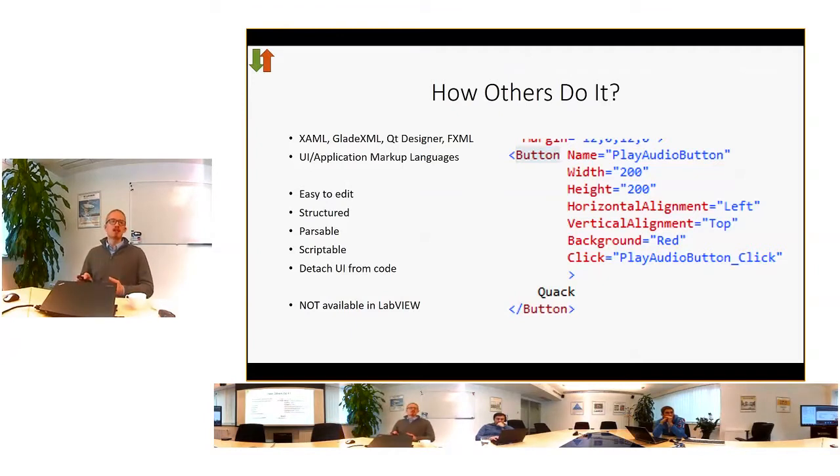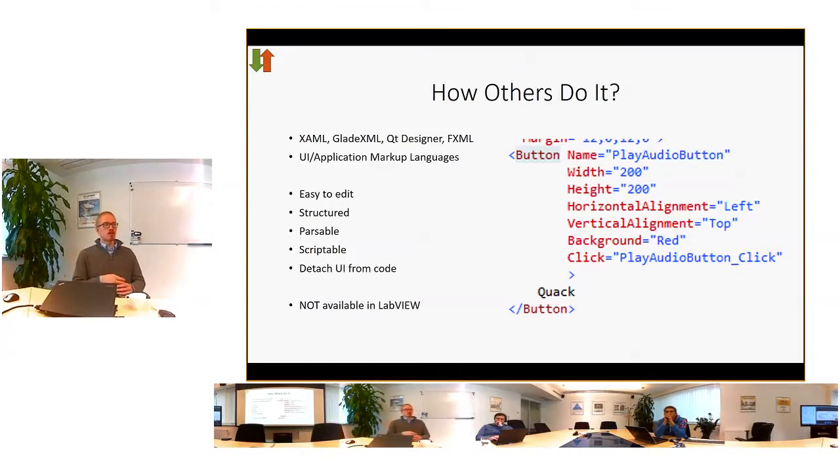You can completely detach the way the user interface looks from the way your application behaves. Right? Because if you want to make a change to the user interface, you don't have to go into the code and compile everything, especially if it's a dynamic interpreted language, like Python, you can imagine.